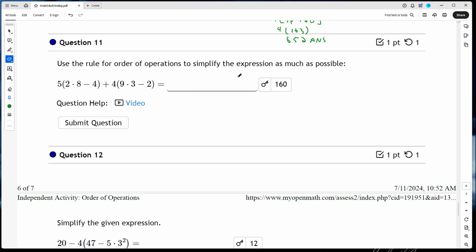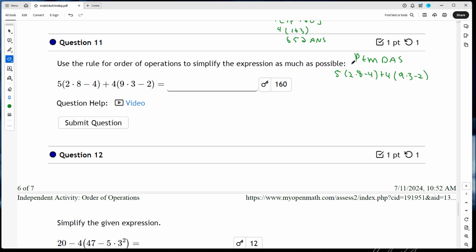Next one here, you can go ahead and write PEMDAS at the top of it. Write the expression underneath it. 2 times 8 minus 4 plus 4 times parentheses 9 times 3 minus 2.